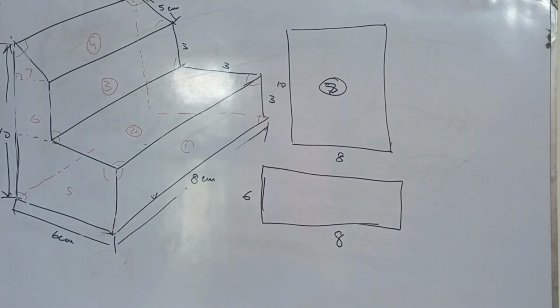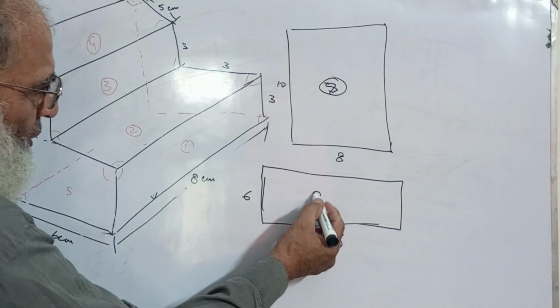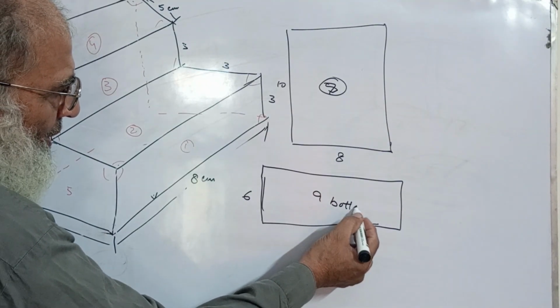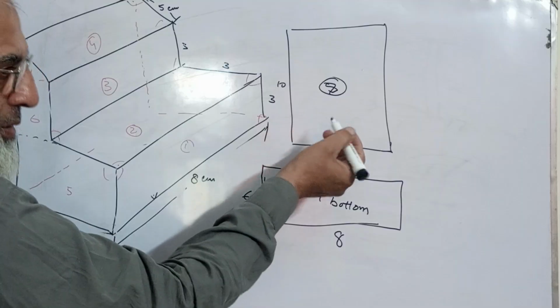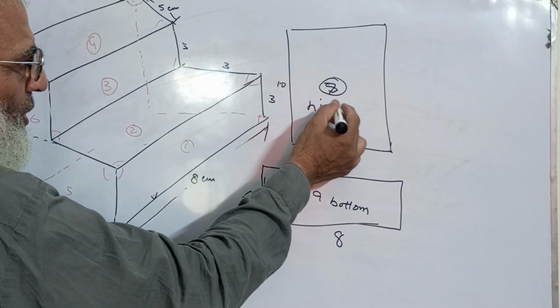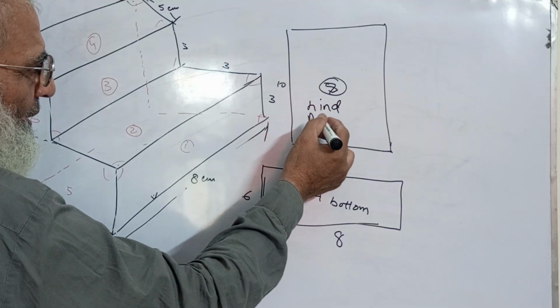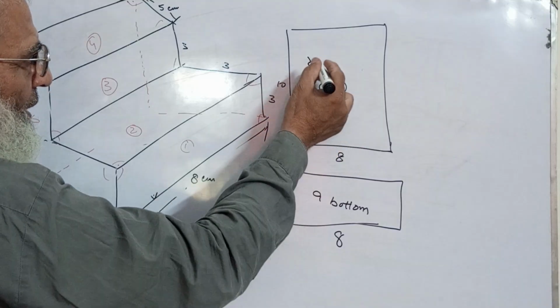Just note. So I erase and proceed. Note this part. Now this is the 8th part and this is the 9th part, which is the bottom. This is the hind part, or the rear part.